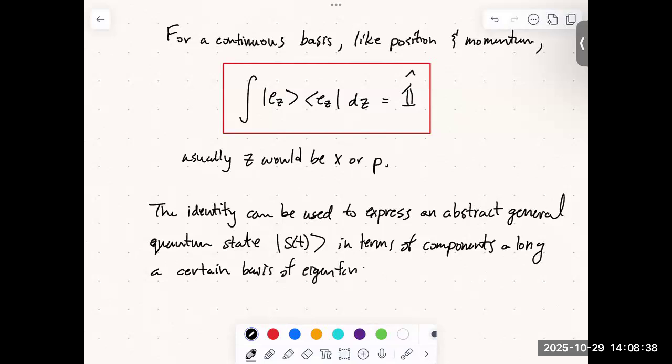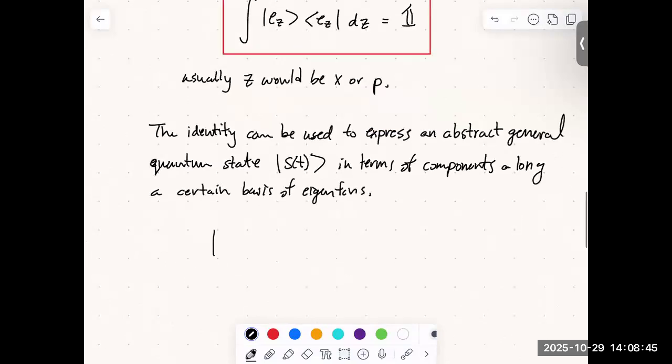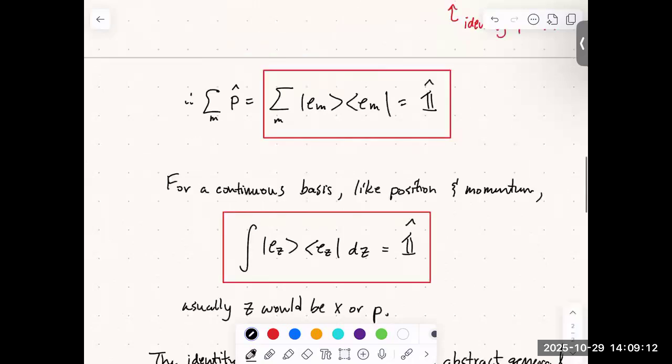And so it's not too difficult to see how this is going to work. What we'll do is we'll say, all right, if I take some general state, something that lives in Hilbert space, it's completely abstract, well, I could always multiply that by the identity operator. And that's just going to return the state. But what we've seen is I can write the identity operator in these ways.